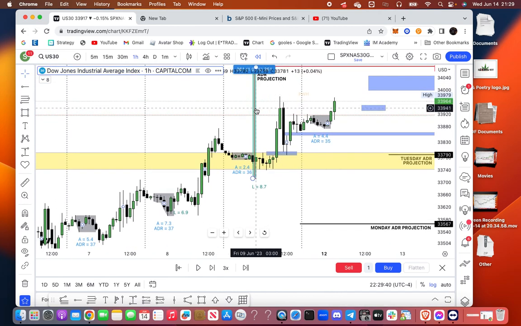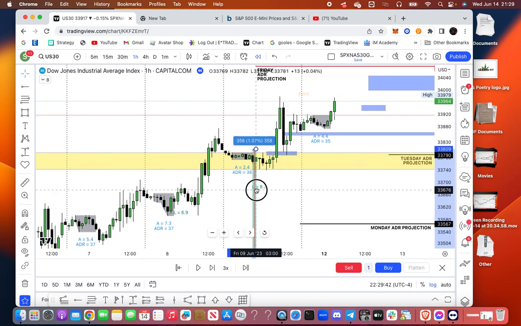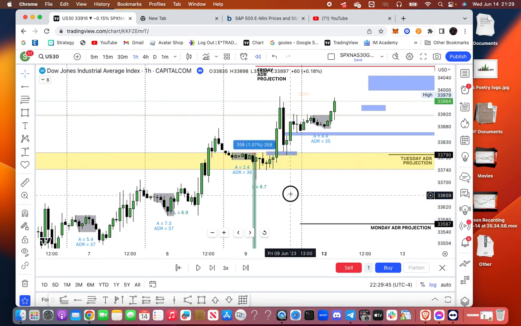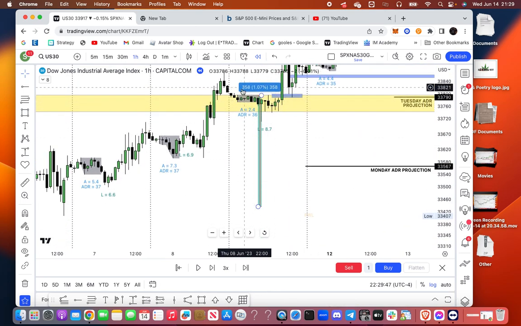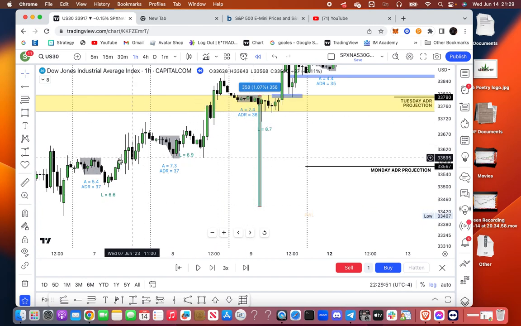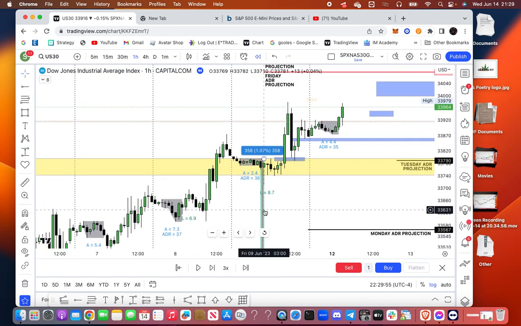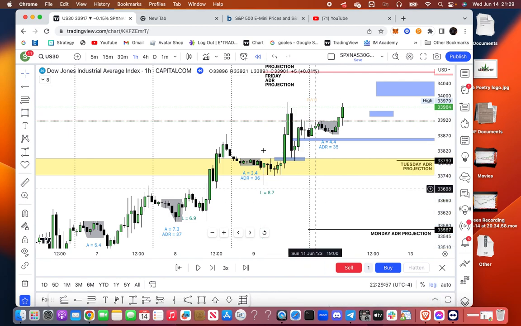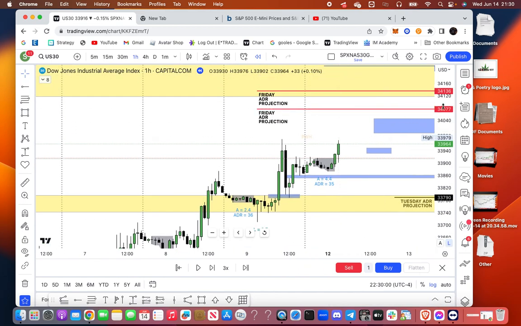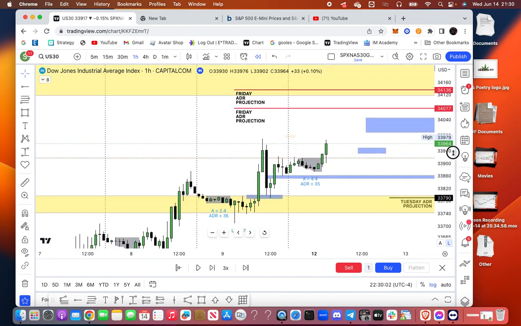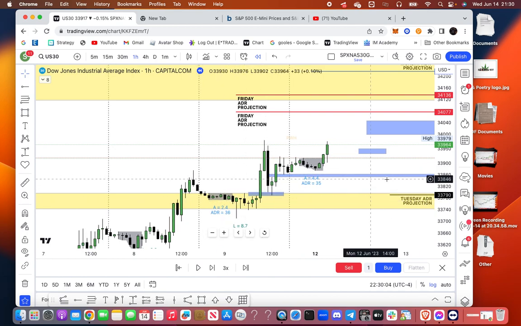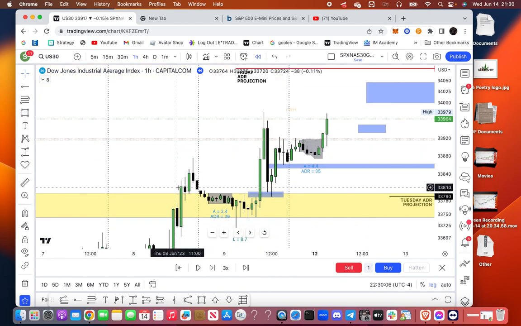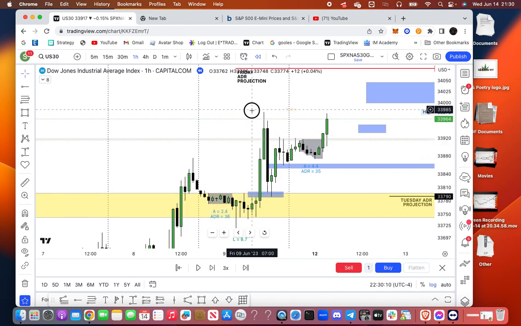Now if it was going to go down, then this would be my target, taking out all these lows over here. But that didn't happen on Friday. What we ended up getting on Friday was this: the market went sideways, it went up, and it only went up to here.